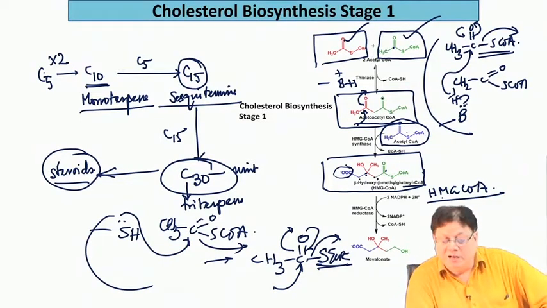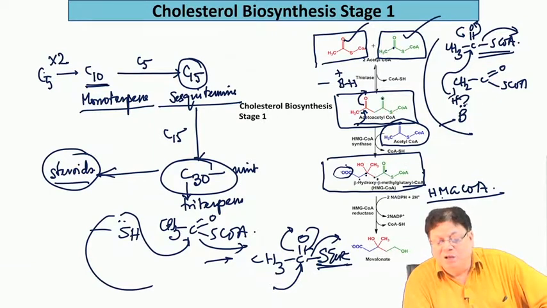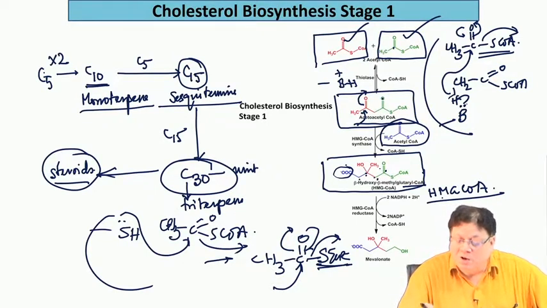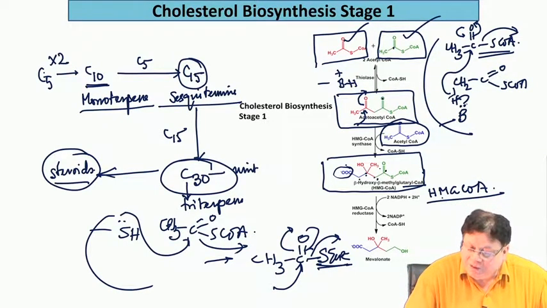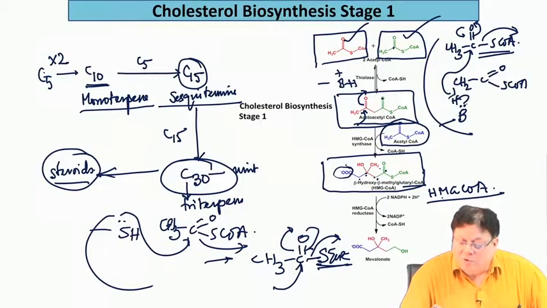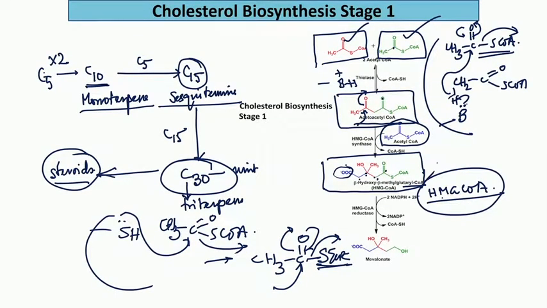CoA also goes. So, at one end you have a CO minus and the other end you have the CoA thioester. Okay. This is what is called hydroxymethyl glutaryl CoA, HMG CoA. This is very important, that is why I am spending so much time.